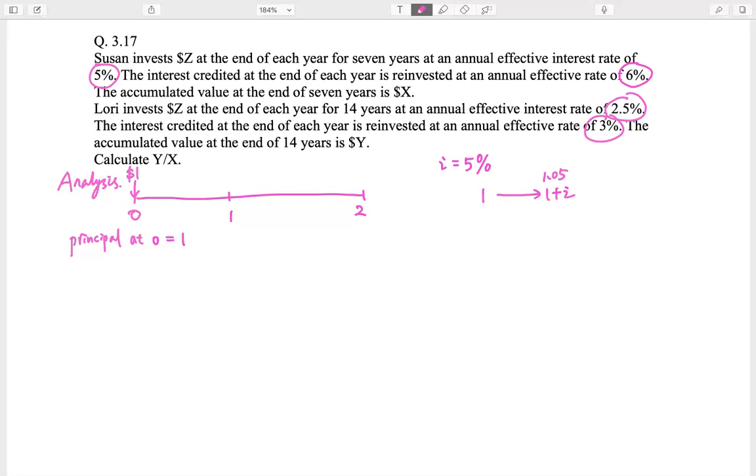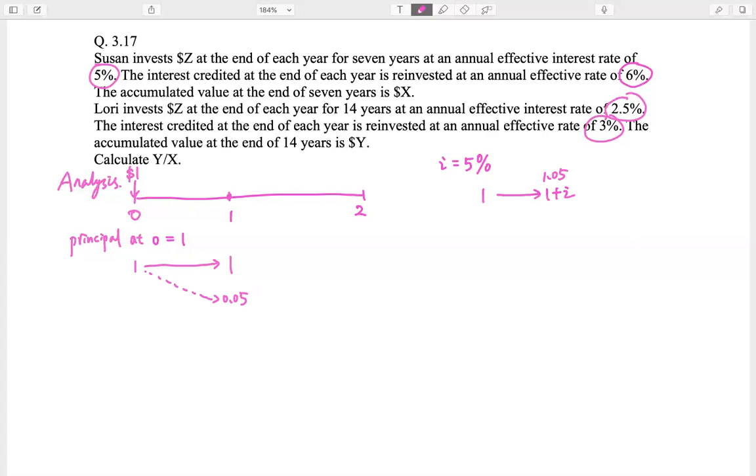Now let's do a little analysis. I can say 1 to 1, that is the principal. The principal itself does not change, right? And the additional 5 cents is nothing but the interest. Okay, so this is at time 1.